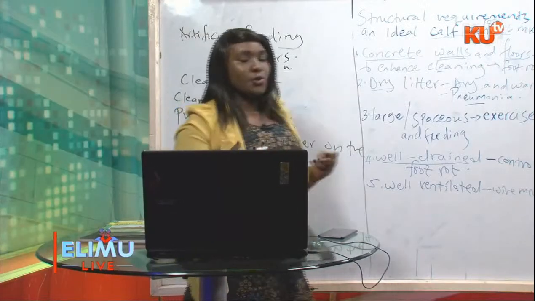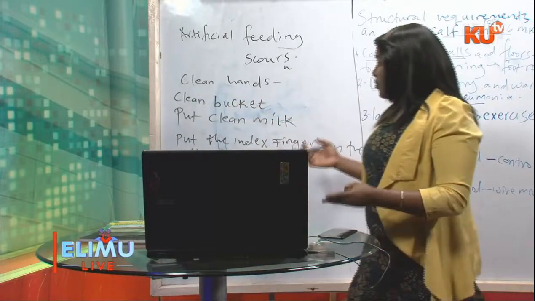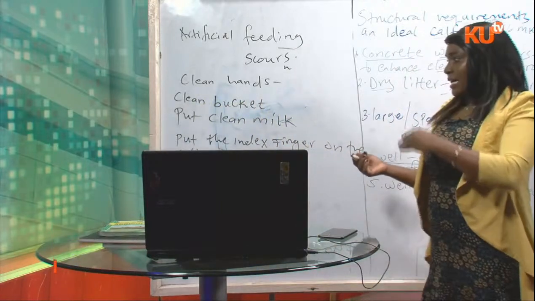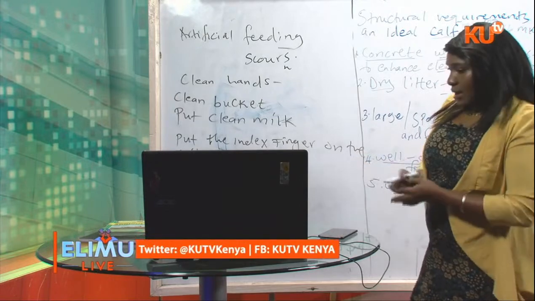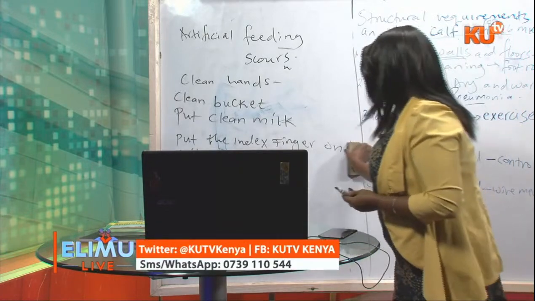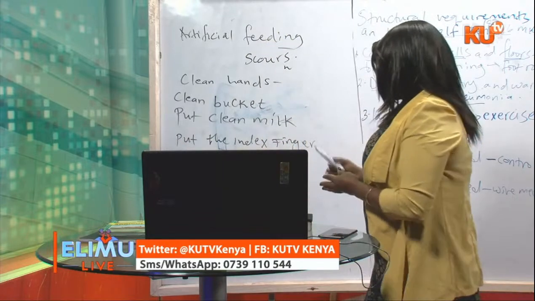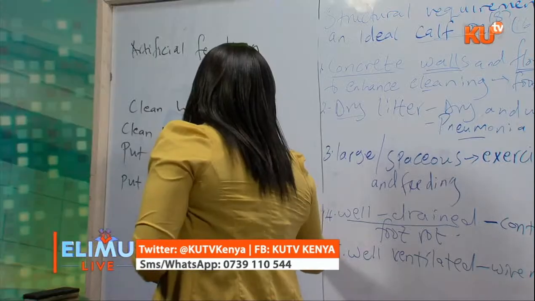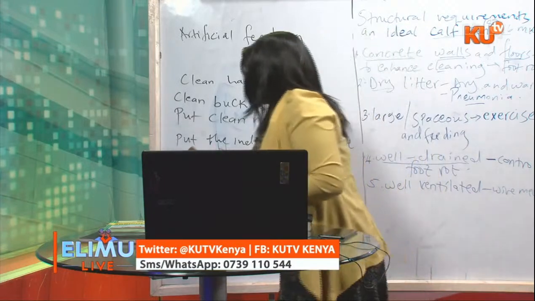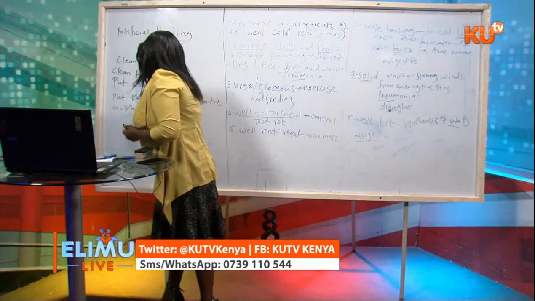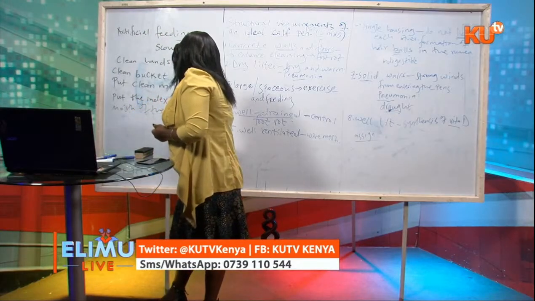Then you entice, or you bring the calf so that you can make it drink. Actually, you put the index finger in the mouth, not on the milk. You put the index finger in the mouth of the calf.